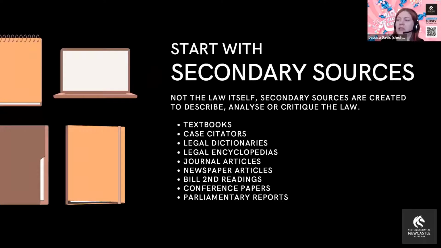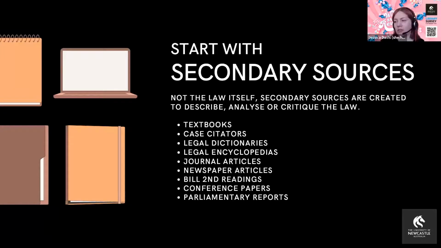They are most often written in a language style which is a lot easier to understand than the primary sources are, and they can provide you with an overview of legal issues, help you to understand legal terminology and develop keywords, and help you to determine the legal issues that the question you are responding to may pose.